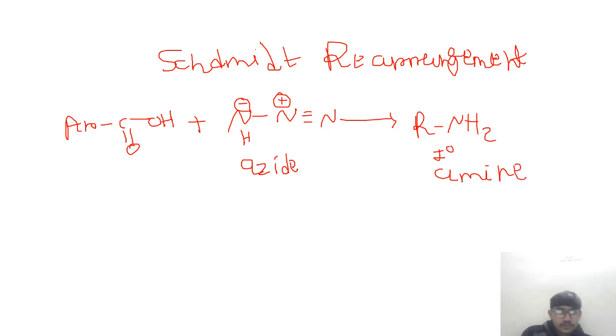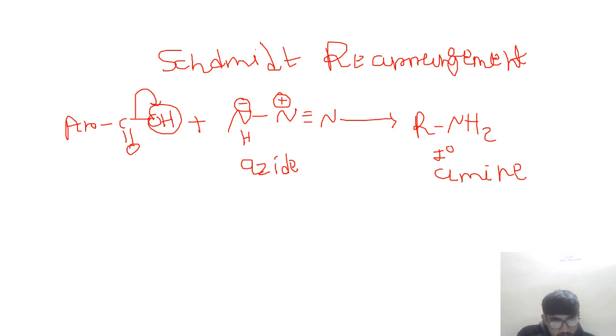So here also what happens is that the OH group of this carboxylic acid will take the electron from the CO bond, or COH bond, in carboxylic acid.